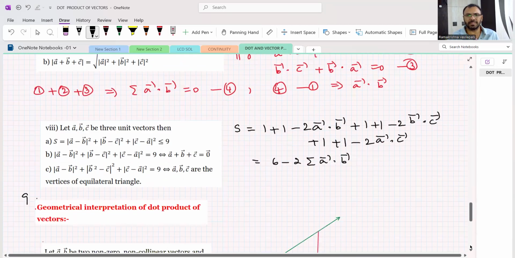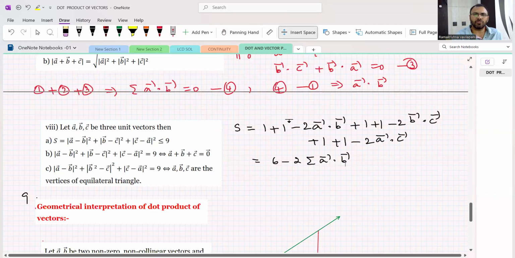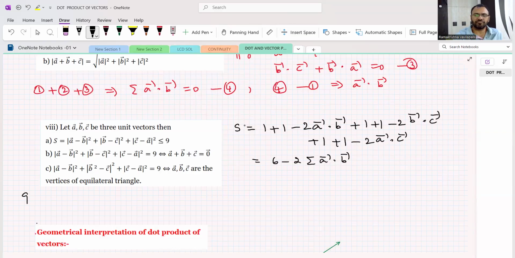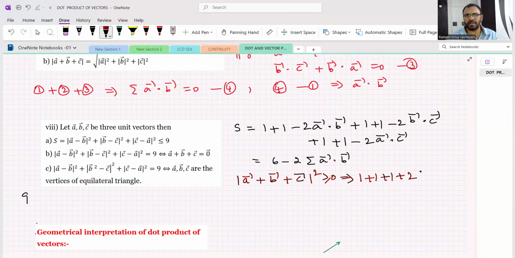Good. Now I have to derive this inequality. The key point here is that modulus of A bar plus B bar plus C bar whole square is always greater than or equal to 0. Here A bar, B bar, C bar are unit vectors. Expand: mod A square plus mod B square plus mod C square plus 2 into sigma A bar dot B bar is always greater than or equal to 0.